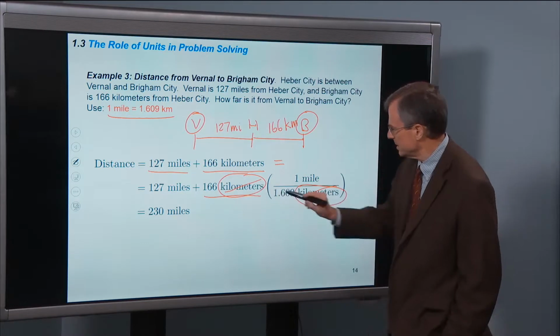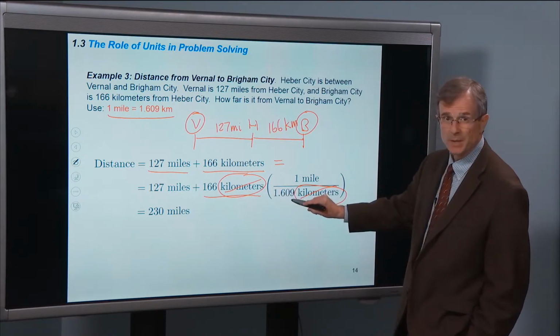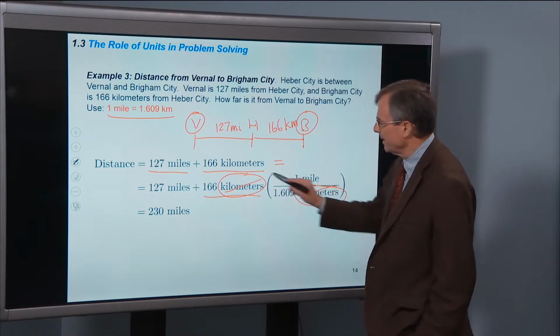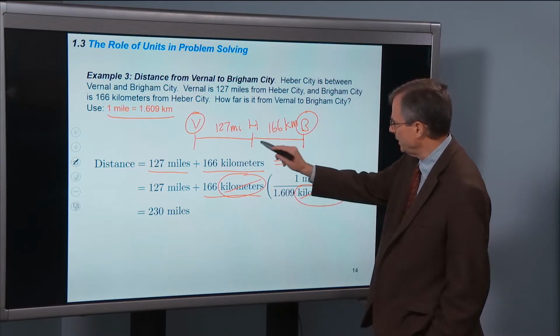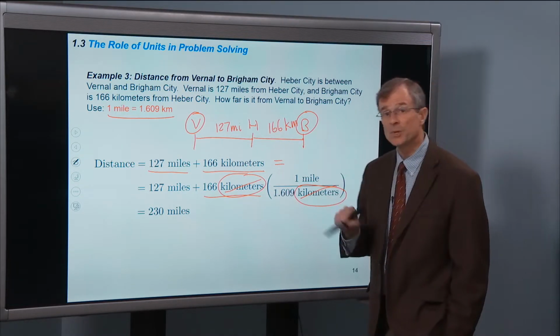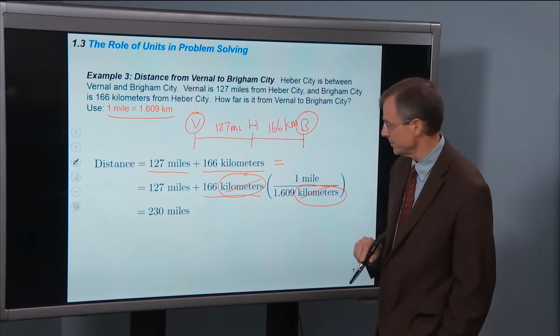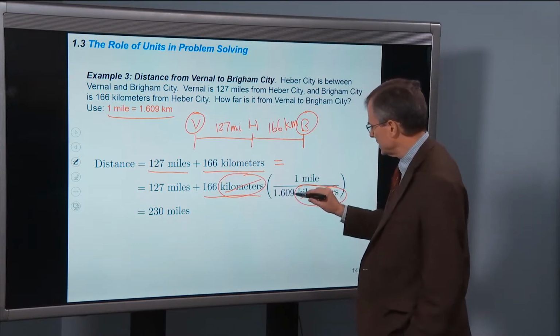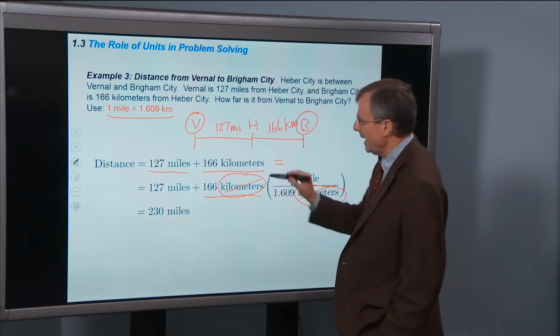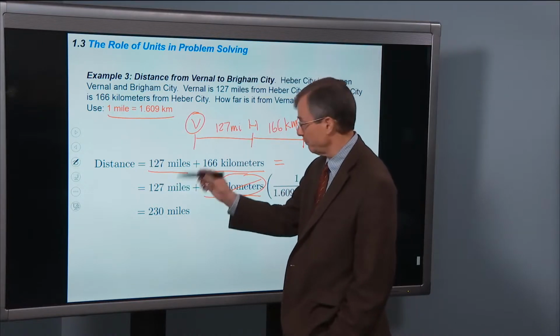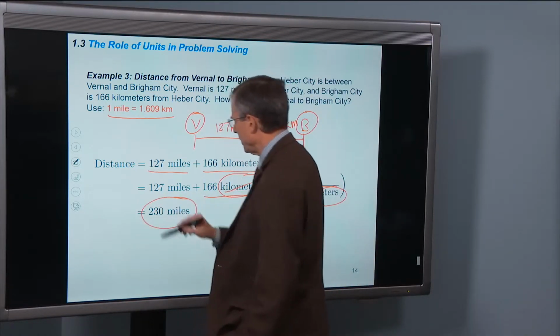So 166 divided by 1.609 will give me the distance between Heber and Brigham City measured in miles rather than kilometers. 166 over 1.609, add that number to 127 miles, and you get 230 miles.